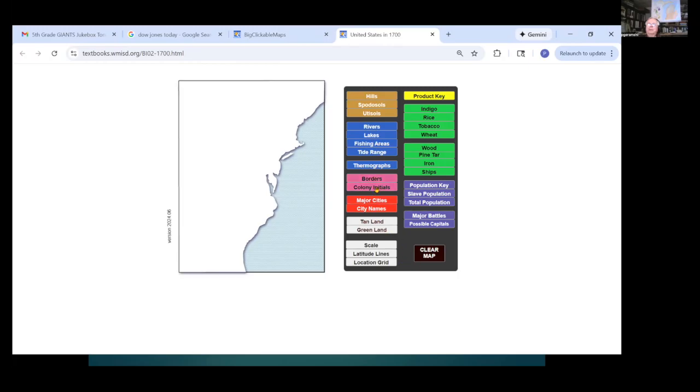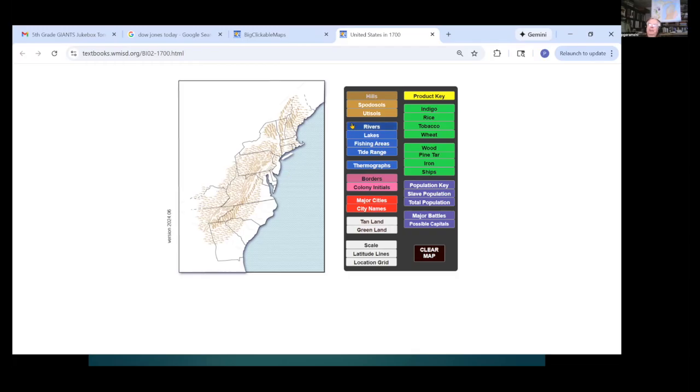It lets you turn on the borders of the early colonies. And if students forget their names, you can flick the initials on and they can find where Pennsylvania and Virginia and North Carolina are. Or if you don't want that much clutter, just click them back off. You could add the hills, and then you can see that New England was a pretty hilly place, except for the Connecticut River Valley and the Hudson River Valley.